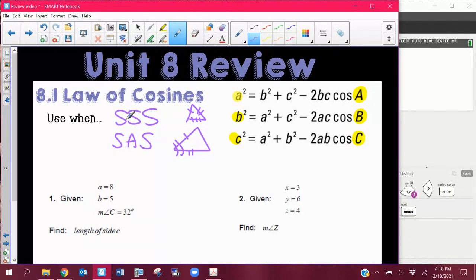You can't have the angle that's over here. That's not going to help me because I need to know something about that angle that's across from that side. Okay, so again, basically you're going to use the law of cosines when you have 3 different letters, whether it's an uppercase A and a lowercase b and c, or if you have all 3 of the sides.